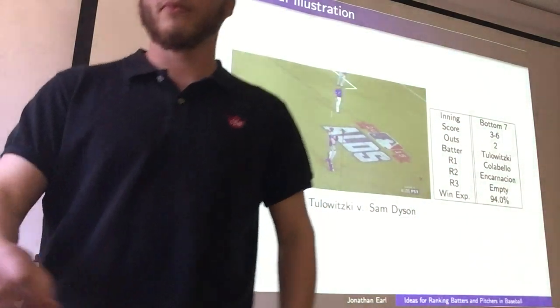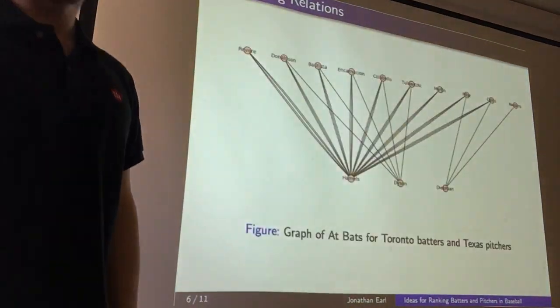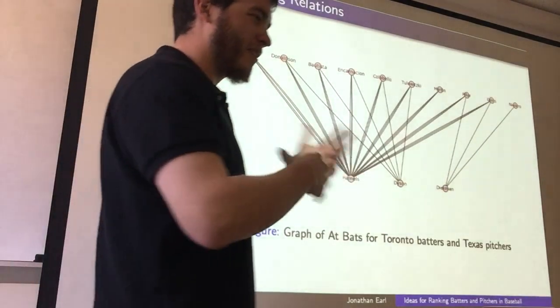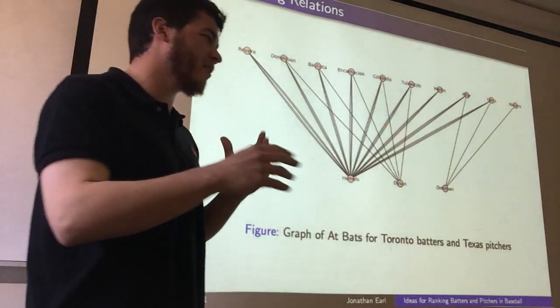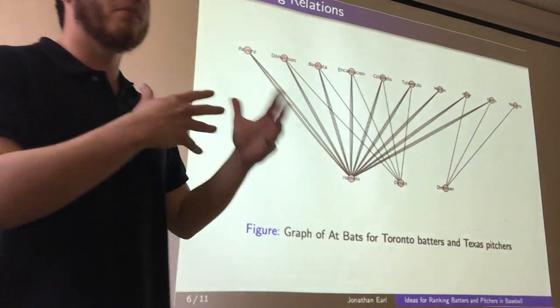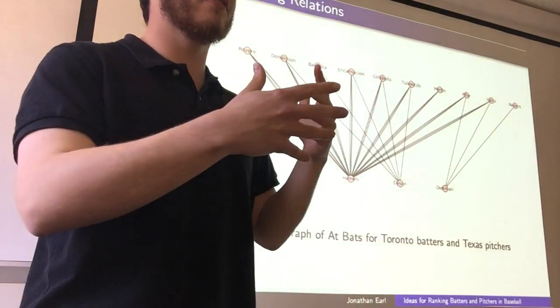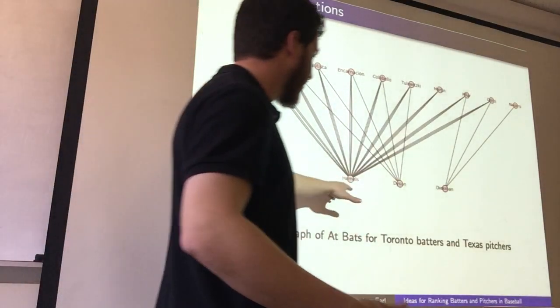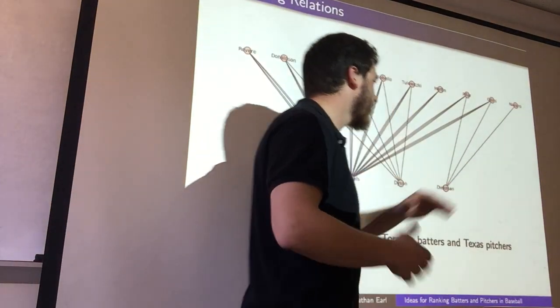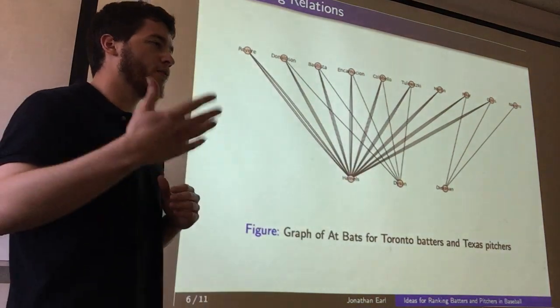Okay, so what this does is it gives an idea of how the win probability is changing based on various states, and what we could do is make this multigraph, which gives us a relation between all of the pitchers that Texas used in this case, so Cole Hamels, Sam Dyson, Jake Diekman, and all the batters that Toronto used during the game.